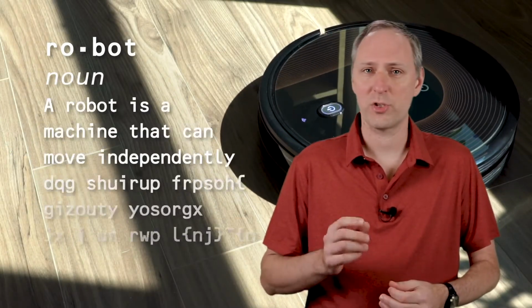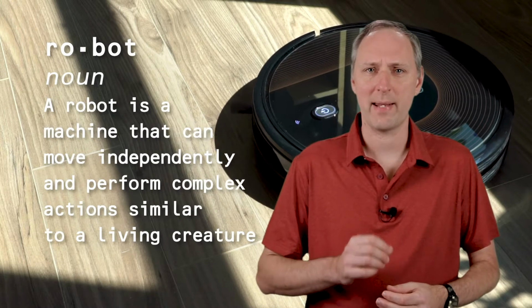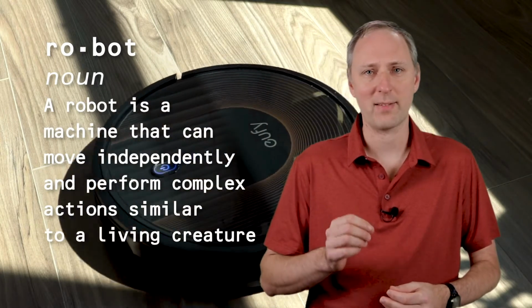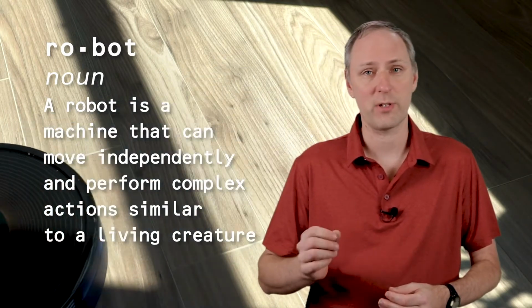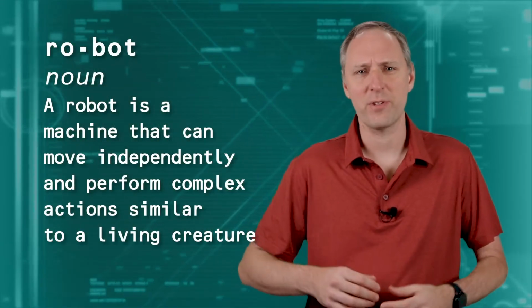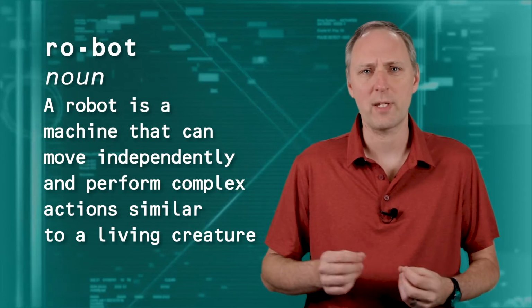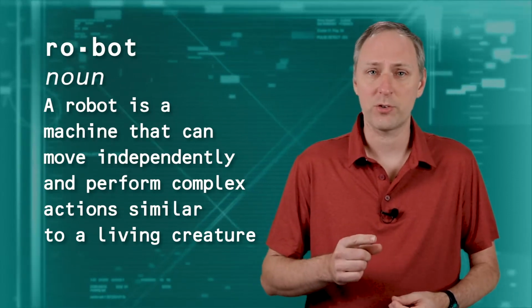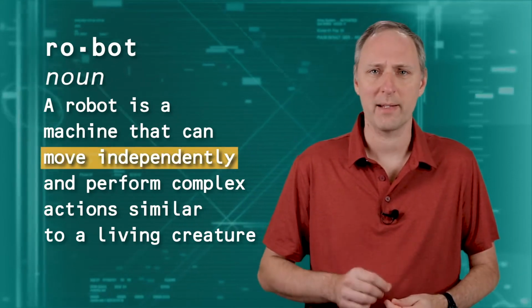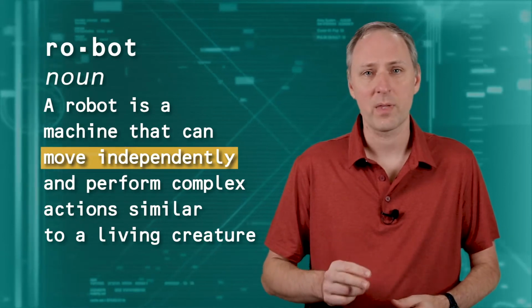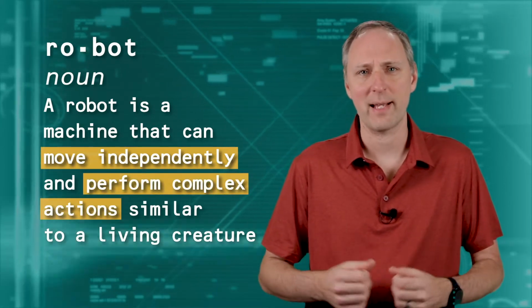A robot is a machine that can move independently and perform complex actions similar to a living creature. That's the definition from the dictionary, and it's a pretty good one. It has two key elements. First, the ability to move independently, and second, the ability to perform complex actions.